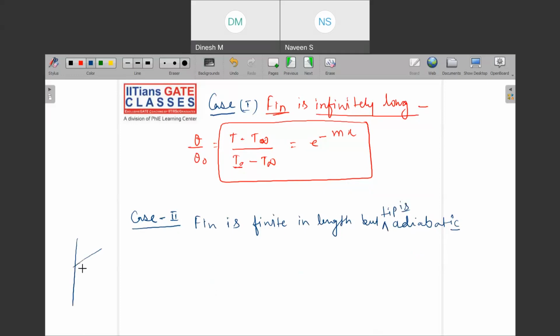Like if this was your fin, then this part is insulated; the fin is not losing heat from this part.